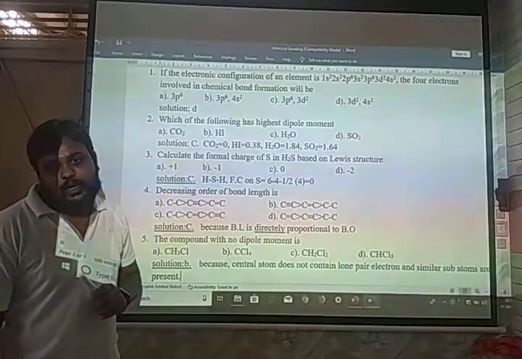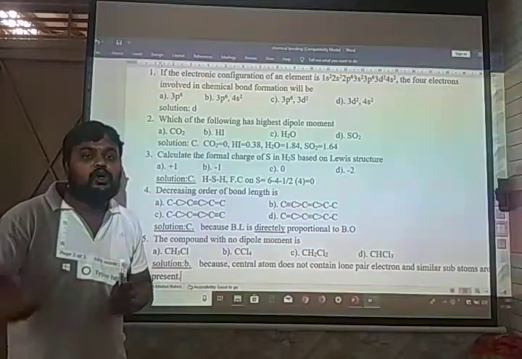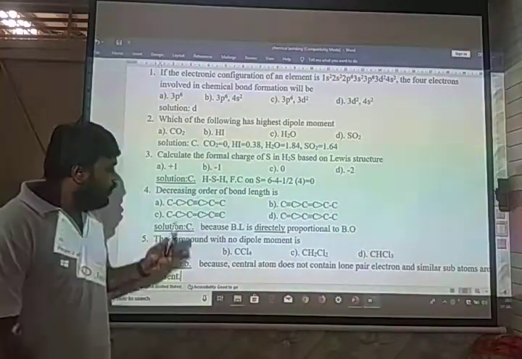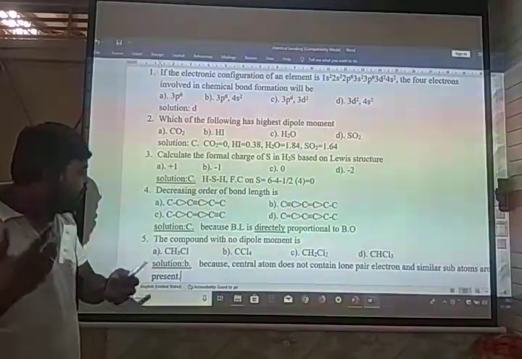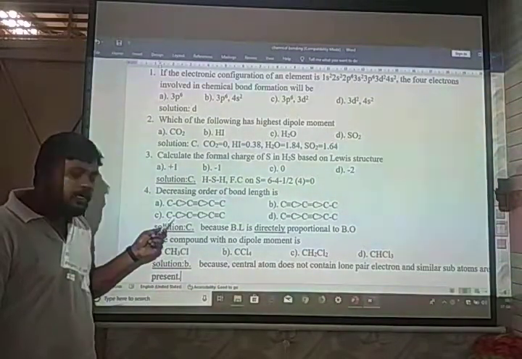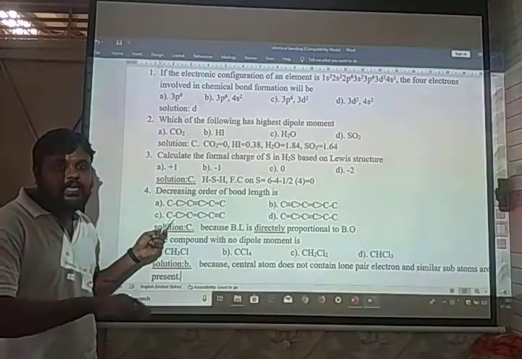Next is the decreasing order of bond length. I already told you, bond length is inversely proportional to bond order. You may see here carbon-carbon single bond, carbon-carbon double bond, carbon-carbon triple bond. In case of option C, the carbon-carbon single bond has less bond order, so bond length is more.